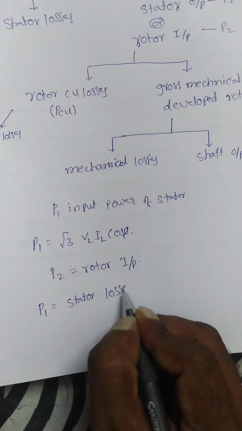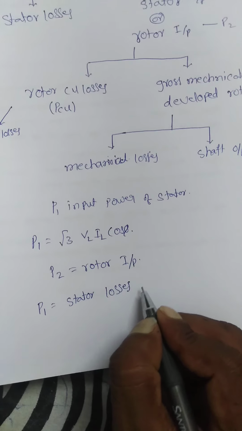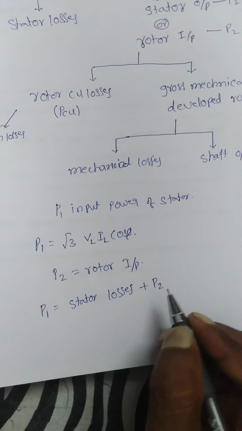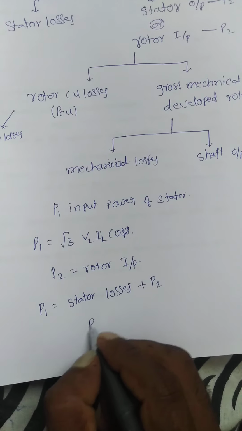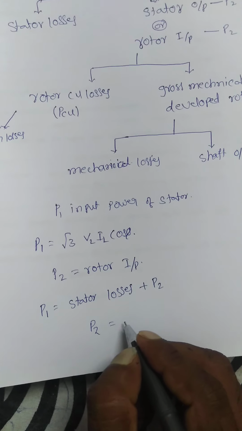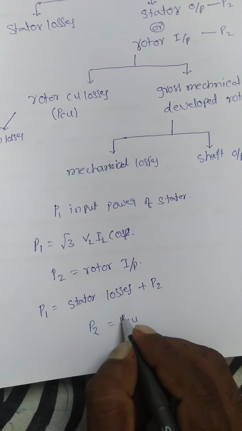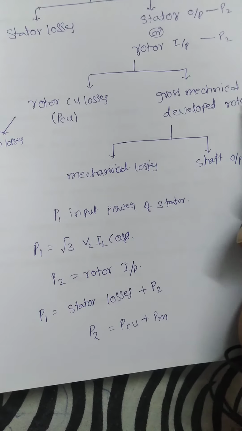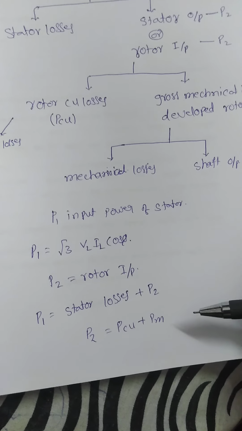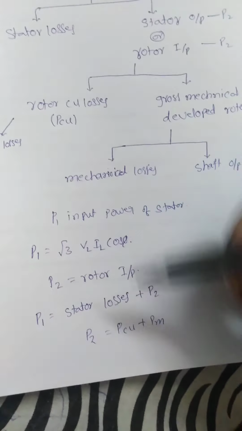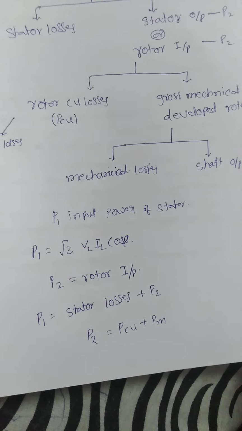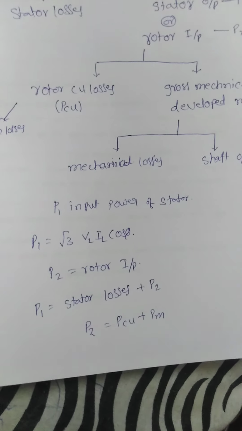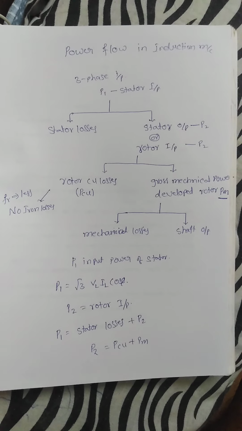Here P1 equals stator losses plus rotor input power P2, and the rotor input power P2 equals PCU plus PM, that is, rotor copper losses PCU plus the gross mechanical power developed by the rotor PM. And PM equals mechanical losses plus P output.